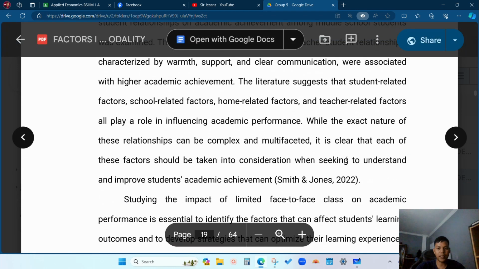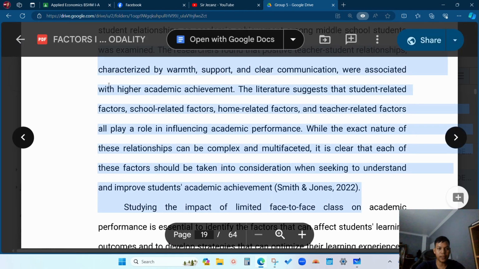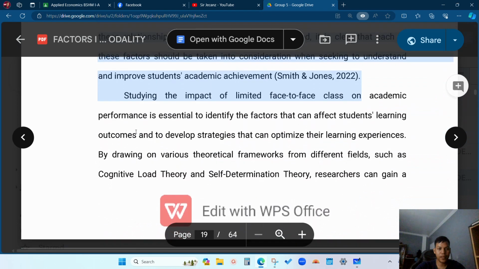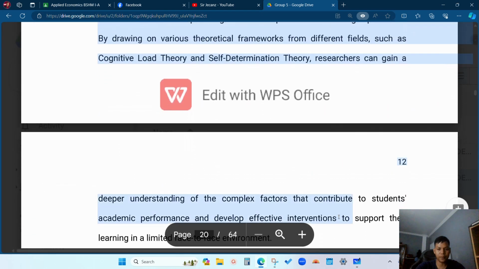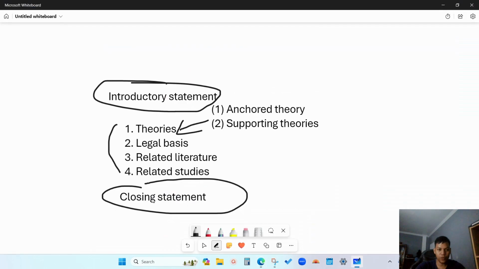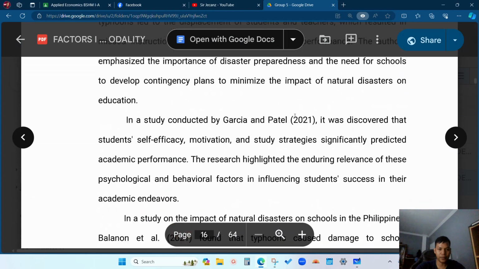They did not just end their discussion in the related literature, but instead they also put the last paragraph as a concluding statement, or closing statement. So again, we will return to the first part of the literature background.